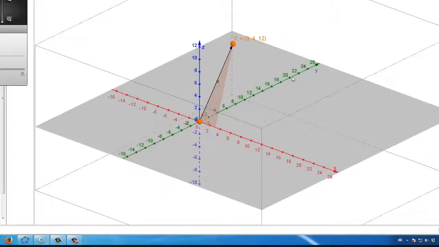Got it. Okay. So we're no longer interested in that triangle. We are interested in that triangle right there, where it has an adjacent of 4. So 13.